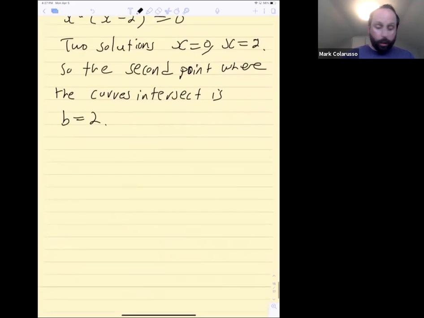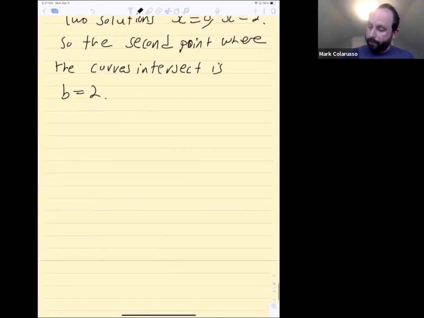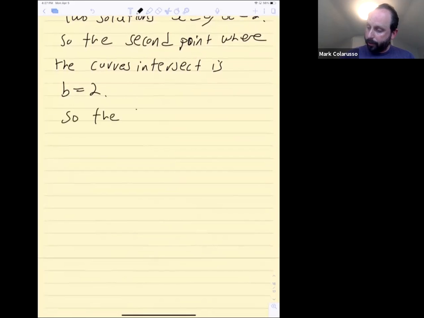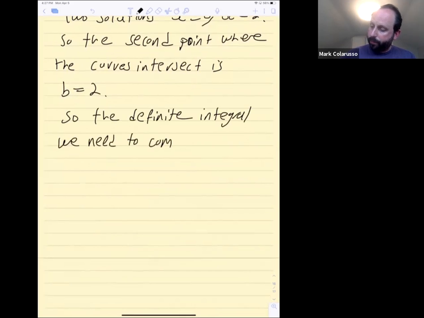And so the integral we need to compute is the integral from 0 to 2 of 2x squared minus x cubed dx.